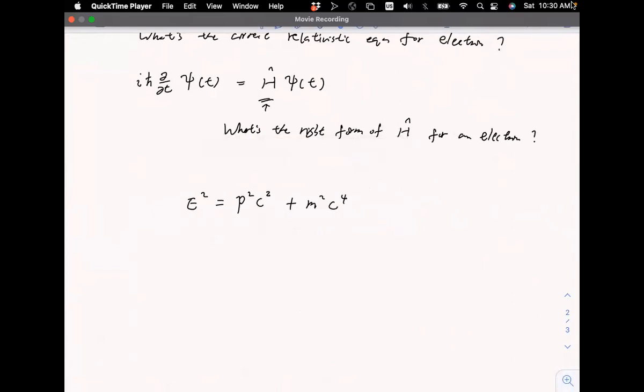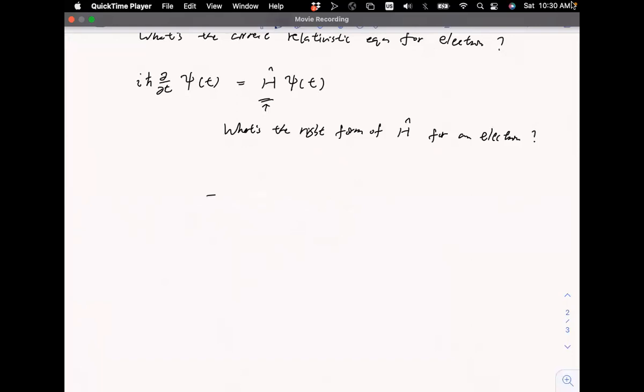Can you, if you take a square root, then this will be first order. Okay, but somehow this turned out to be very complicated. So can you come up with an equation of this form?